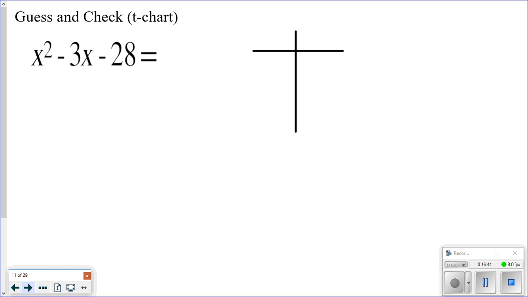All right, try it again. Multiplying to get negative 28, add to equal negative 3. Four and 7.